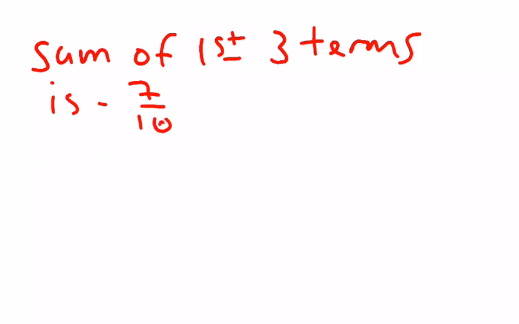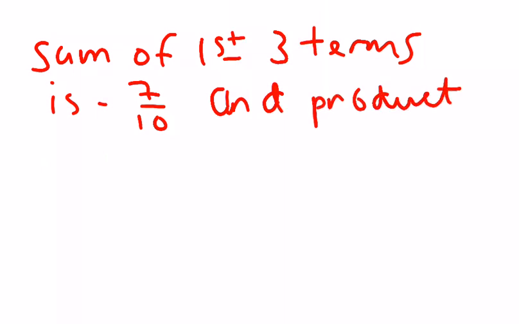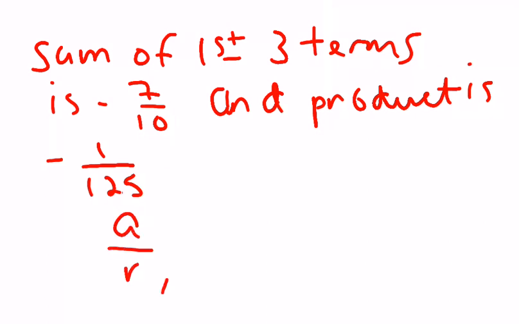And then it also says that the product of these 3 numbers is -1/125th. And it asks us to find the numbers, and it gives a hint, and it says use A over R, A, and AR as your digits you're trying to find.